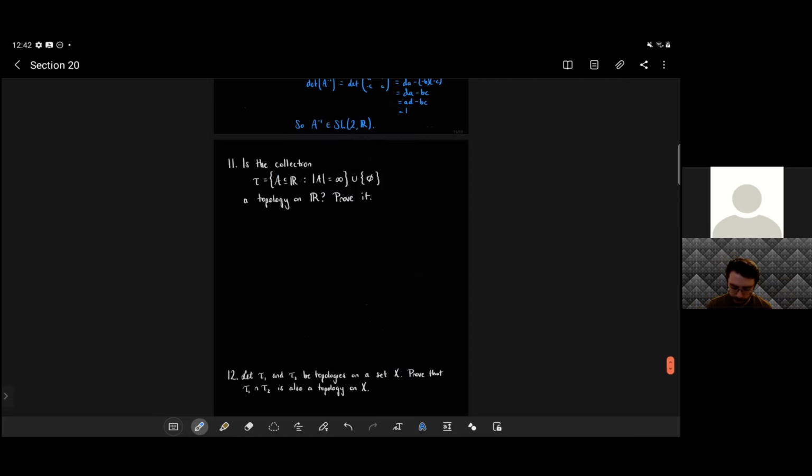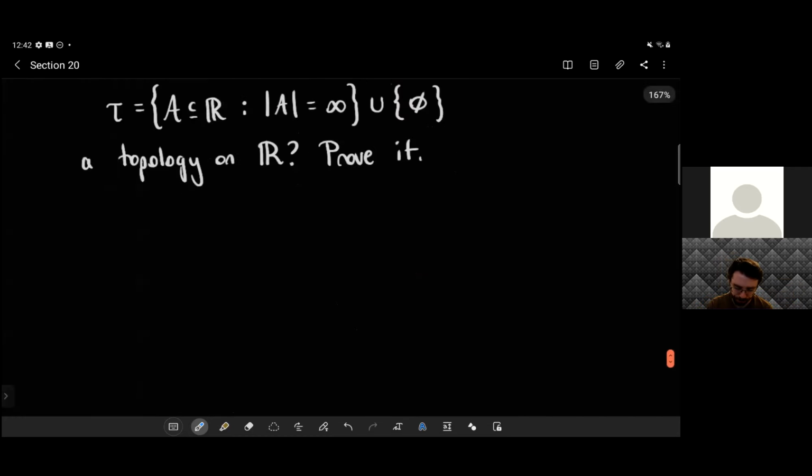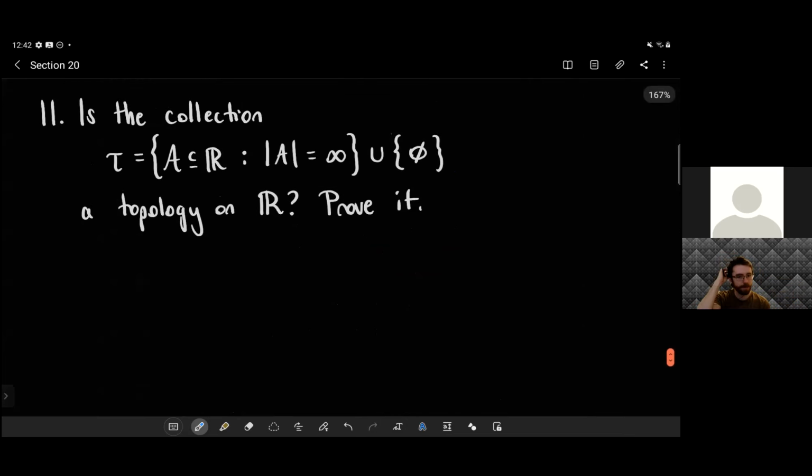The next two are from topology. So number 11, is this collection a topology? Remember, in a topology, the things we write in the set are the things we're declaring to be open. The only open sets are these.